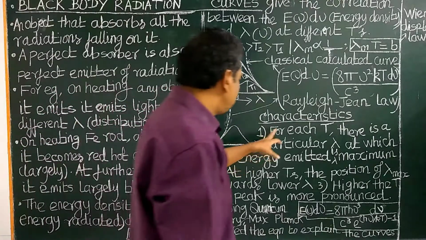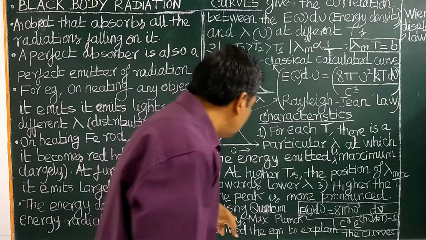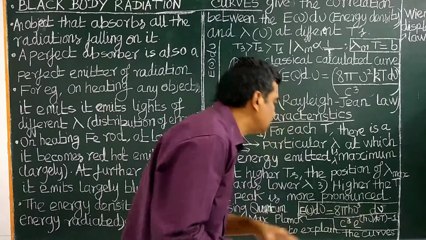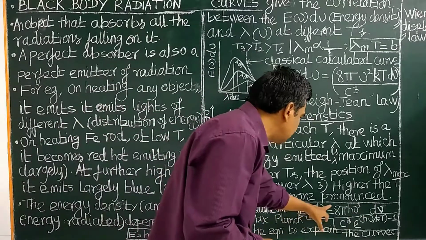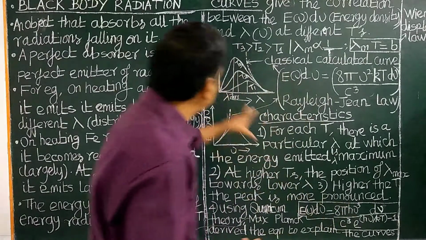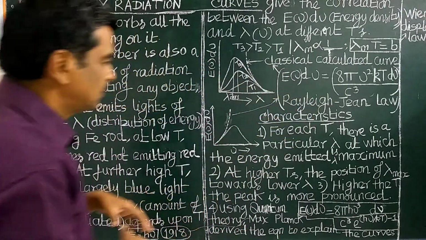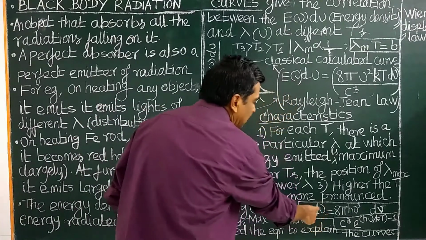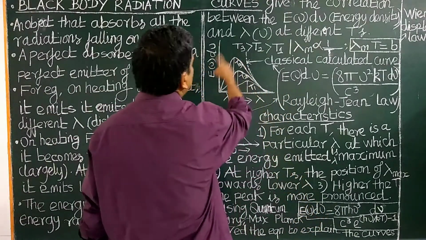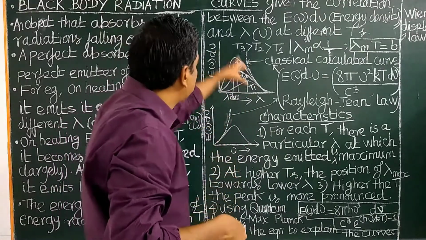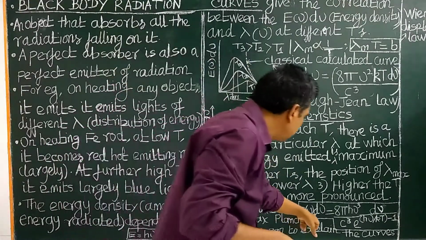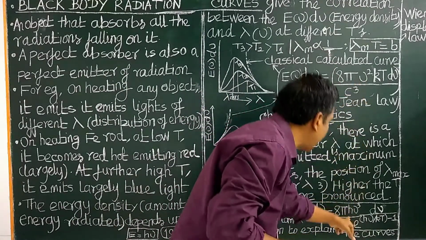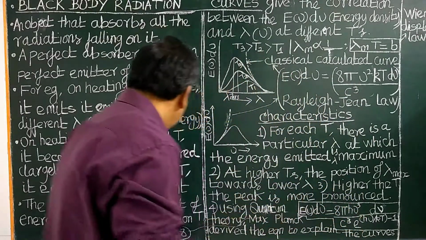As I said earlier, using quantum theory, Max Planck derived a relation, and this relation is successfully used to explain the black body radiation curves. This expression starts with 8 pi h nu squared.